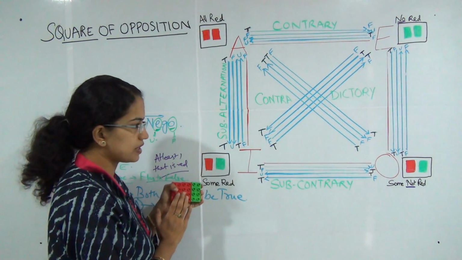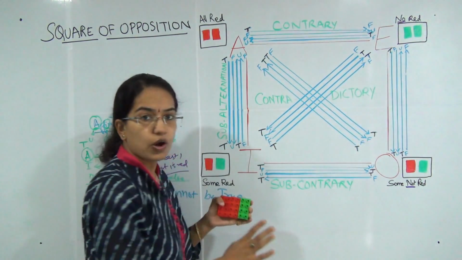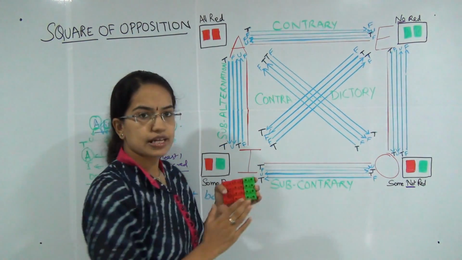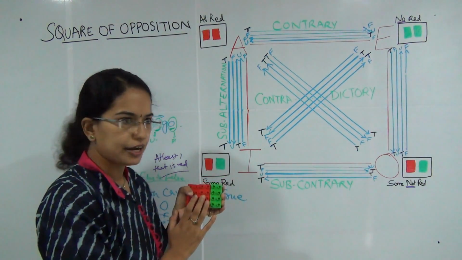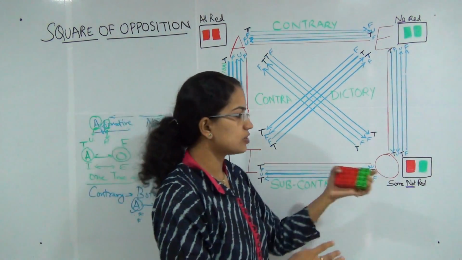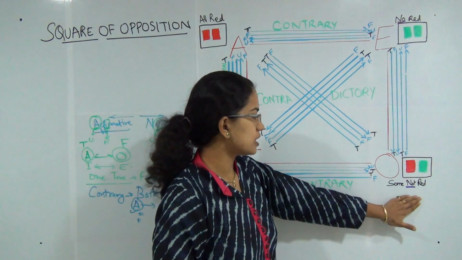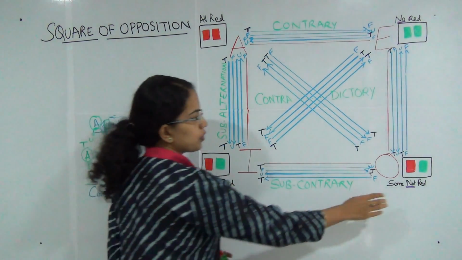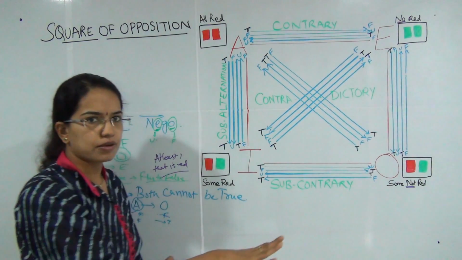If this statement is true, for "some blocks are not red" I can say that statement can be true and that statement can be false, because if some blocks are red, there is the option that some blocks are not red, and there is also an option that some blocks are red. So I cannot say about the truth of this statement. If this is true, nothing can be said about O. It can be true, it can be false.